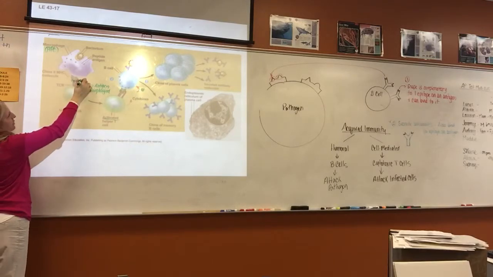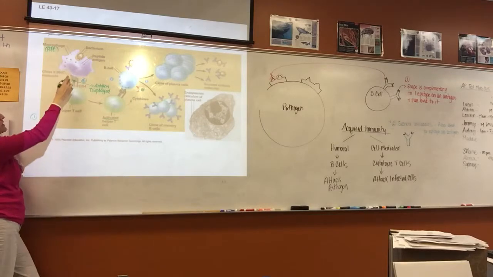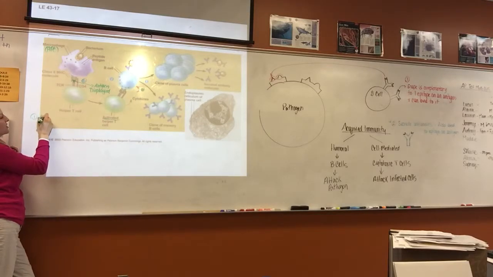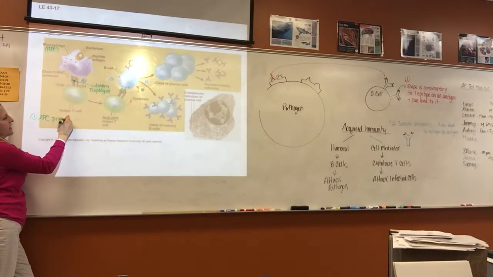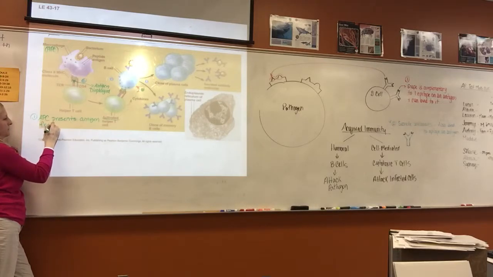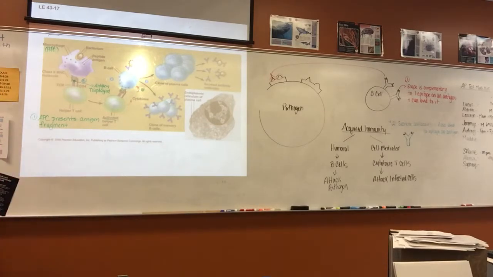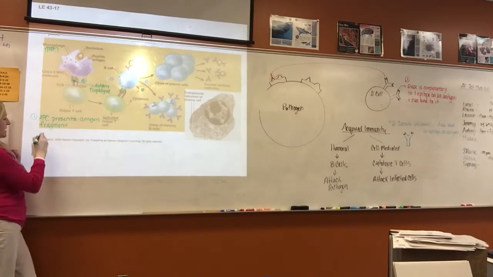In step number 1, we have the APC, which in this case is your macrophage, presents the antigen fragment. So why is that helpful? Because that antigen fragment is going to help activate this helper T cell.